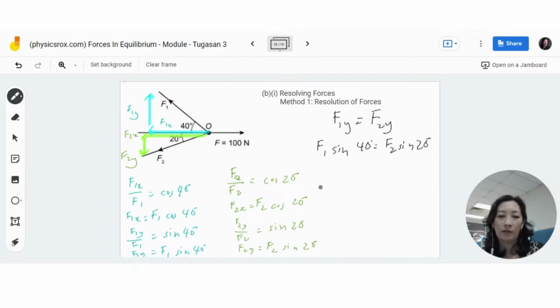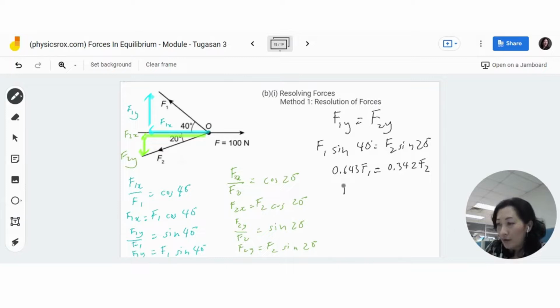So we're going to find the values of sine 40 and sine 20 respectively to make this equation easier. So this gives 0.643 F1 equals 0.342 F2.